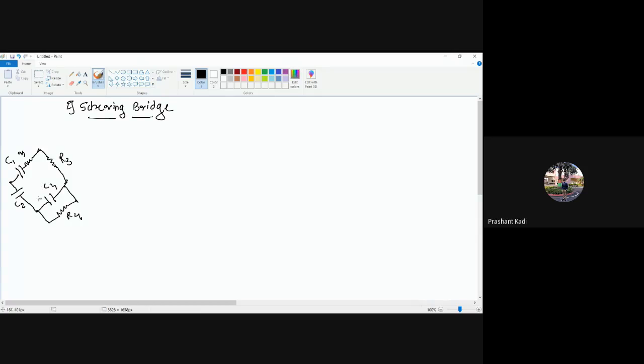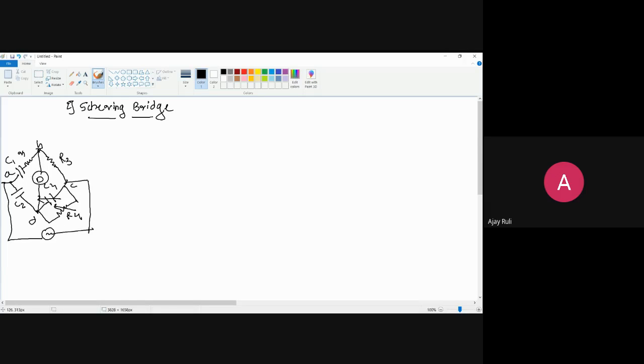These are variable resistance and variable capacitance. Between A and C, we have the power supply oscillator connected, and between B and D, we have a detector, which detects the flow of current. So this is the bridge circuit, and you have to identify which bridge is similar to this bridge.